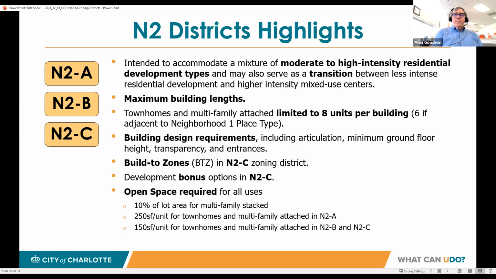For townhomes and multifamily attached, those will be limited to 8 units per building, or 6 if you're adjacent to a neighborhood 1 place type, but generally 8 units to a building. There will also be some building design requirements, and they'll have requirements for things like building articulation, minimum ground floor height, transparency requirements, and entrances.